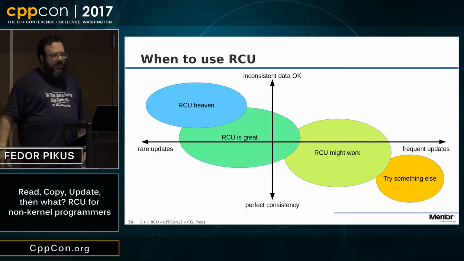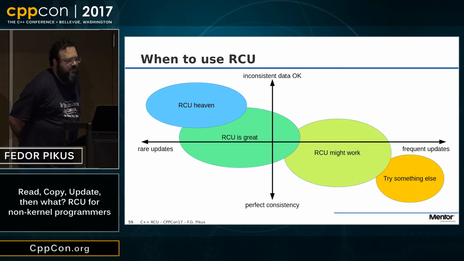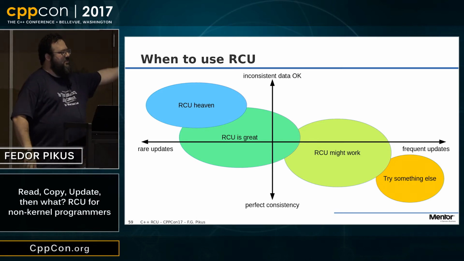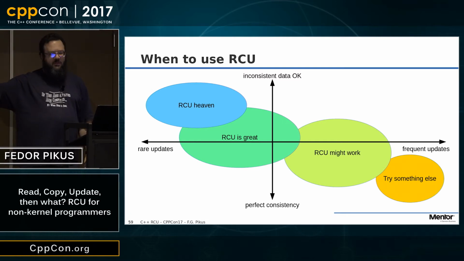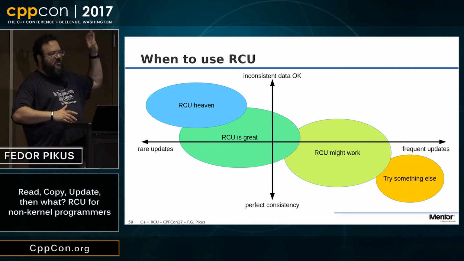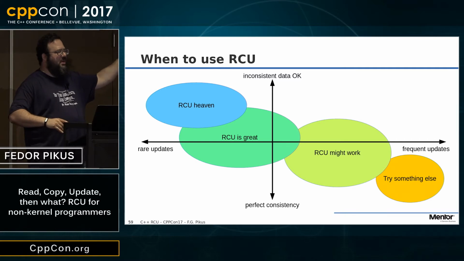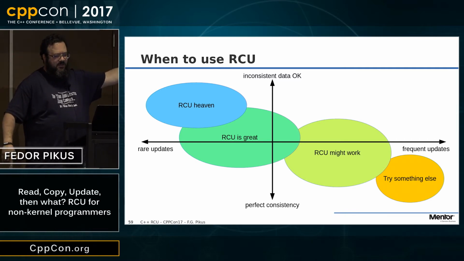Okay, so when should you consider using RCU? So kind of the landscape of RCU. Two axes: how often do the updates happen, and how consistent a view of your shared data do you expect? The RCU paradise is when updates almost never happen and you don't care if the data is inconsistent.